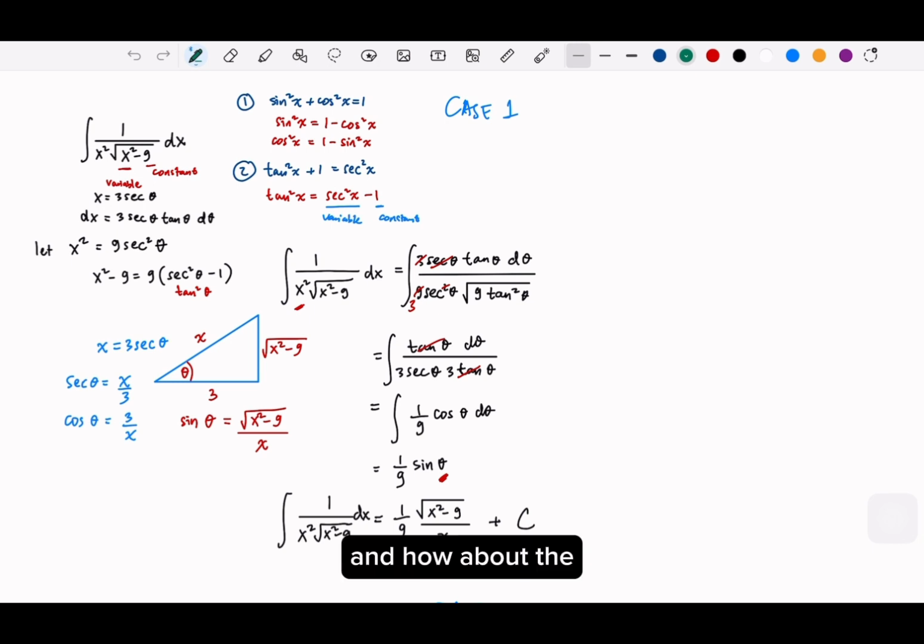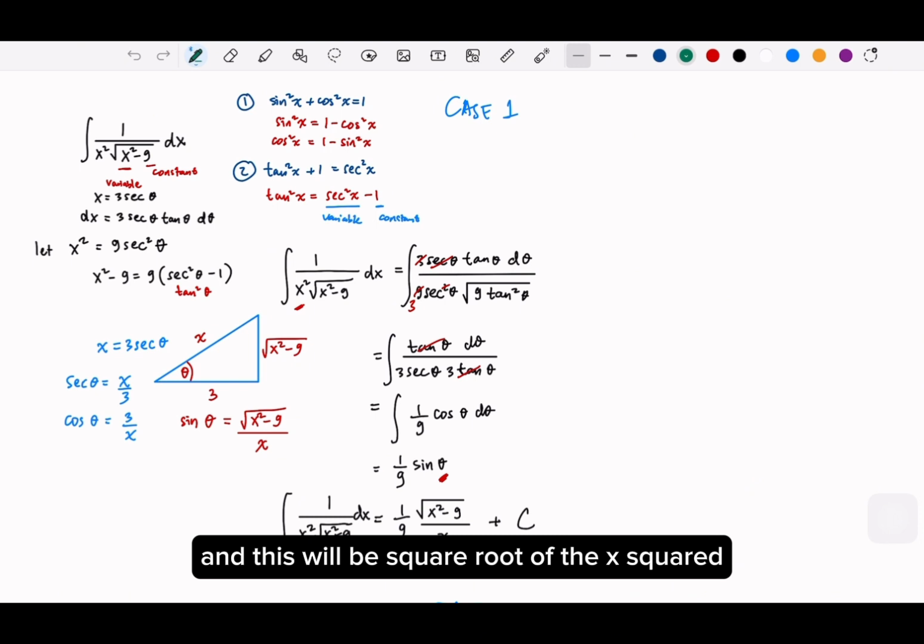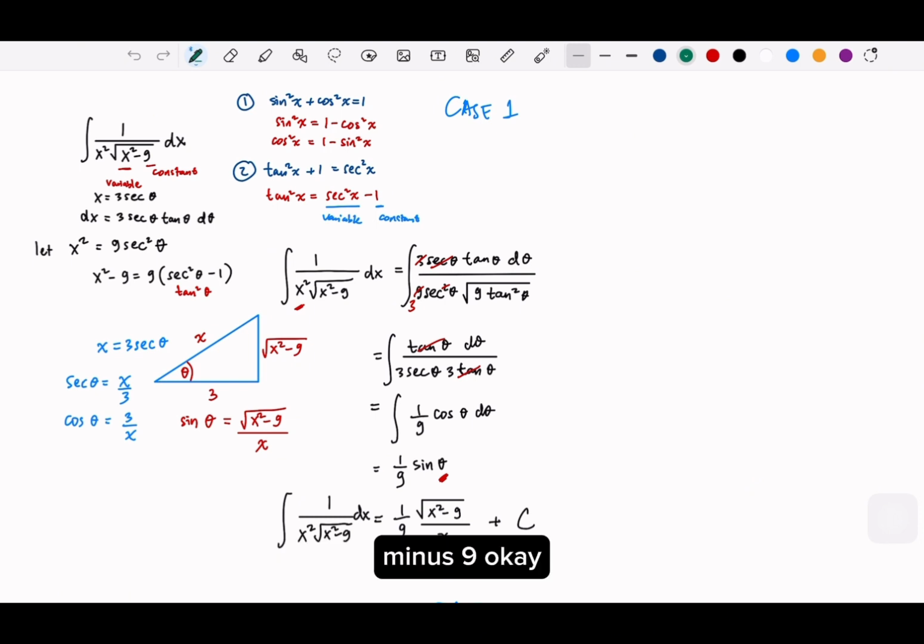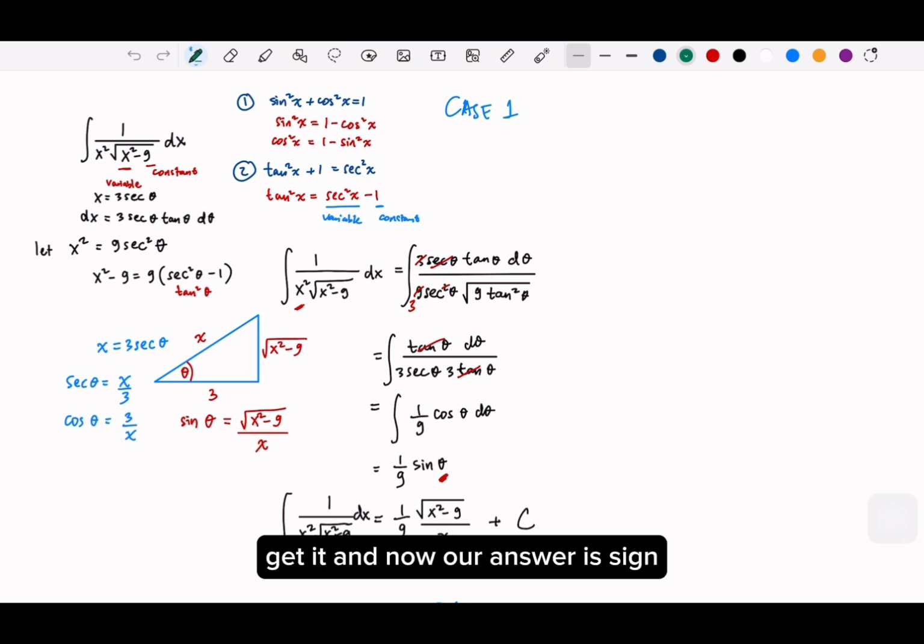And how about the other side? We can take the Pythagorean, and this will be the square root of x squared minus 9. Get it? Now our answer is sine.